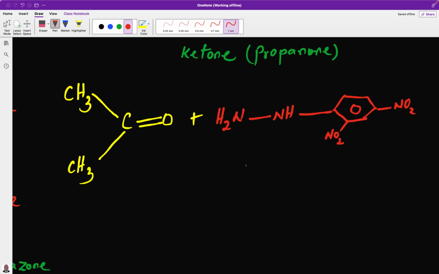Okay. Here, as I said, there is a condensation. This is a condensation reaction, minus a molecule of water.